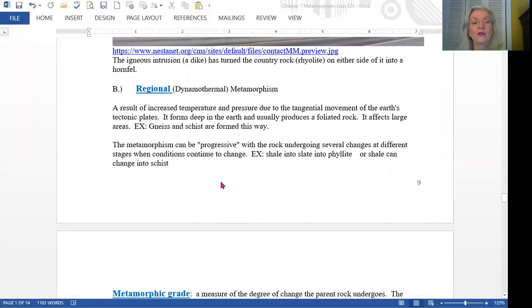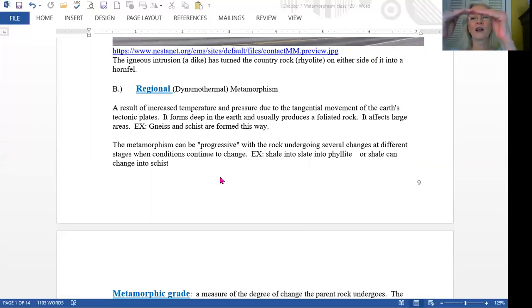We also have regional or dynamothermal metamorphism. This happens along tectonic plates. So it's because the plates rub against each other, and this generates temperatures and pressures that change rocks. It normally impacts large areas. You can have progressive metamorphism because of this, so the rock will change as it moves along.